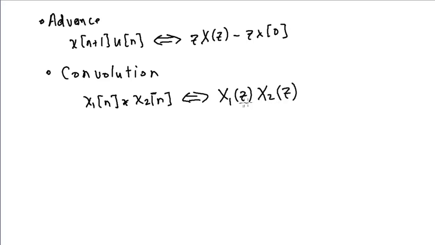We can find the forced response or the zero state response of any system if we have the impulse response of that system by convolving the discrete time input with the impulse response. One approach to do that, instead of explicitly carrying out the convolution, is to find the Z-transforms of the impulse response and the input, multiply those Z-transforms together, and then find the inverse Z-transform.